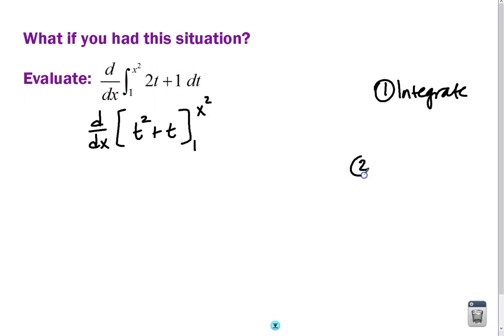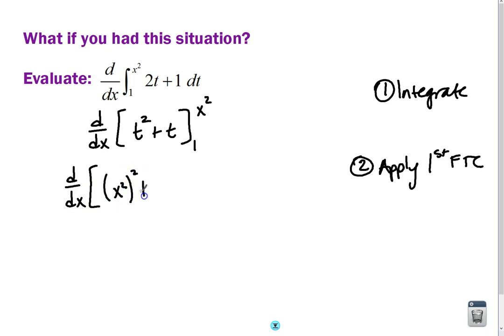So step 2 is apply the first FTC. So I've got d dx of x squared squared plus x squared minus 1 squared plus 1. Now, some of us are like, wait, why so many squares?